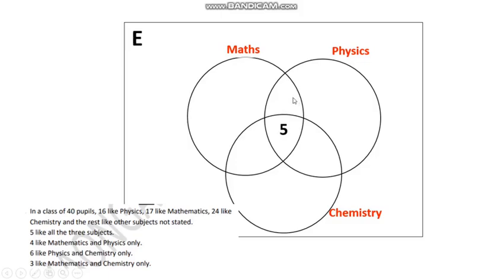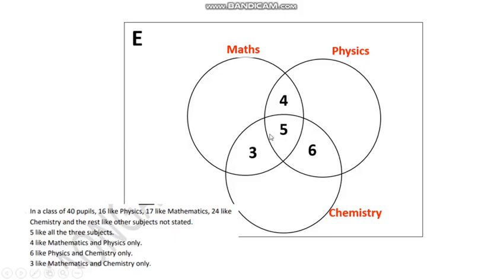That is 4. Then we have pupils that liked physics and chemistry only, placed here. These are 6. Then we have pupils that liked maths and chemistry only, and these are going to be placed here. So this is the information that you have.